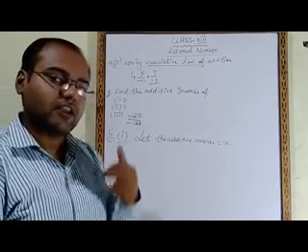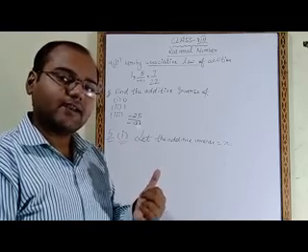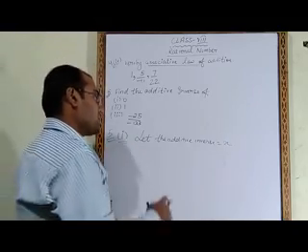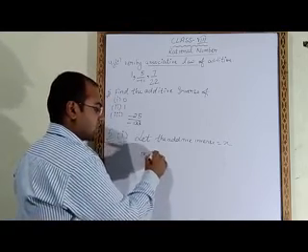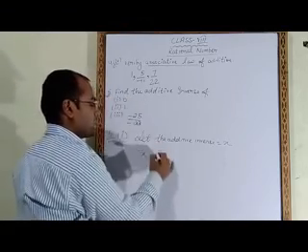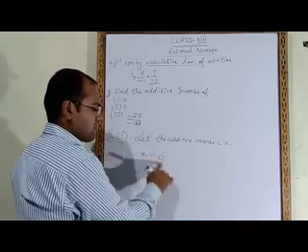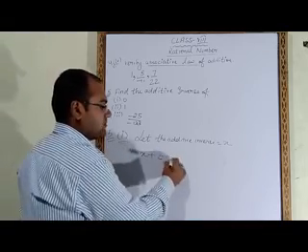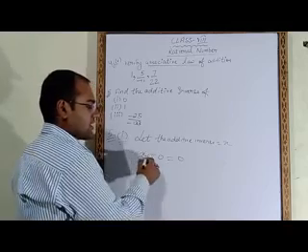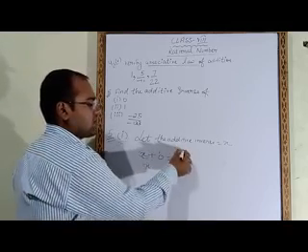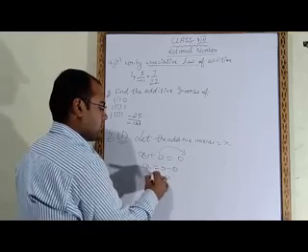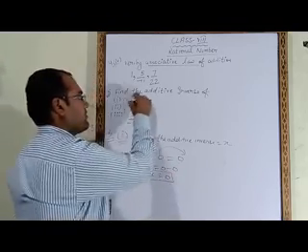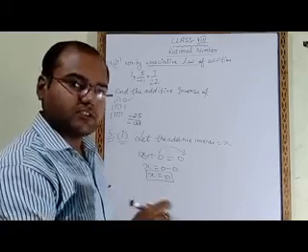Additive inverse is a number which when added to the given number, that means x added to the given number 0, the final answer of this addition will be 0. Now in order to find the value of x, this 0 we will bring on the right side, so this will become 0 minus 0. The answer will be 0. That means the additive inverse of 0 will be 0 only.